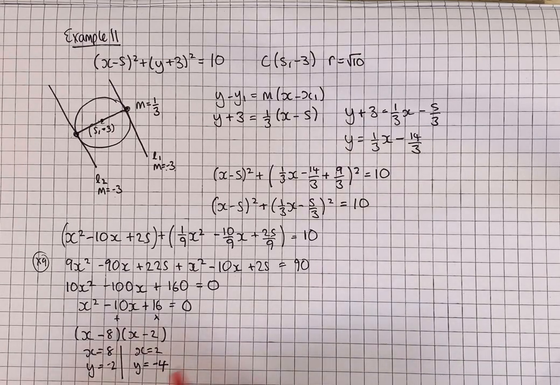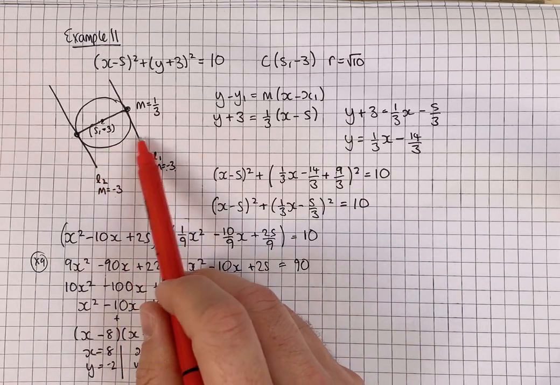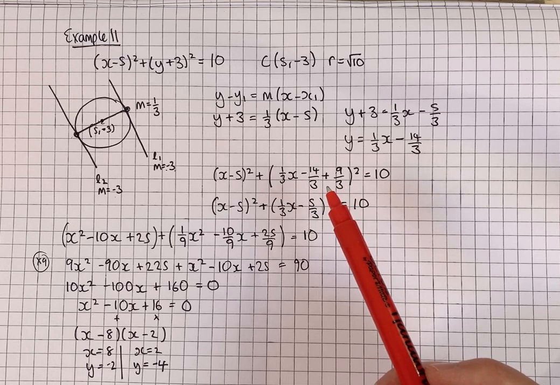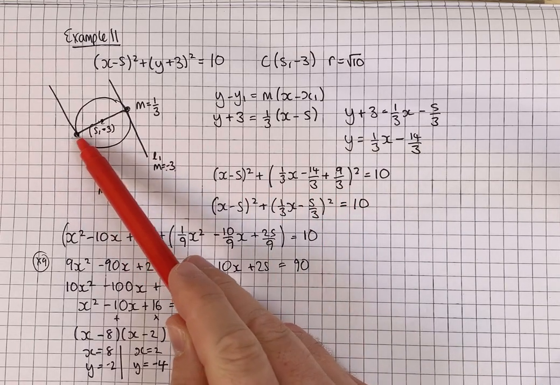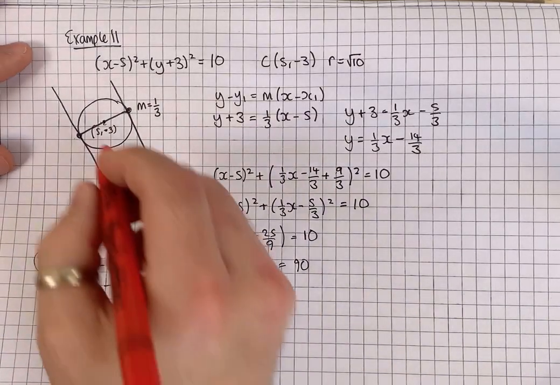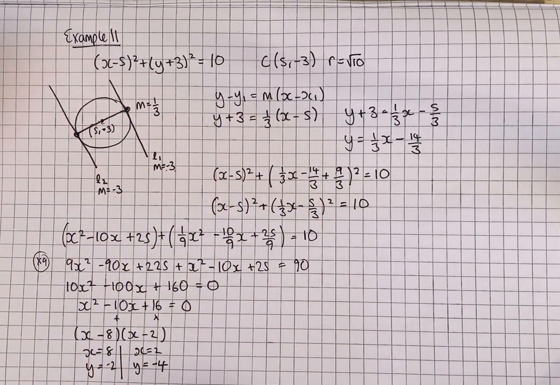Okay, we're still not finished there though, because what we wanted was the two equations of these lines. So this one is going to be 2, minus 4. This one is going to be 8, minus 2. Diagram's a bit monkey, but never mind.